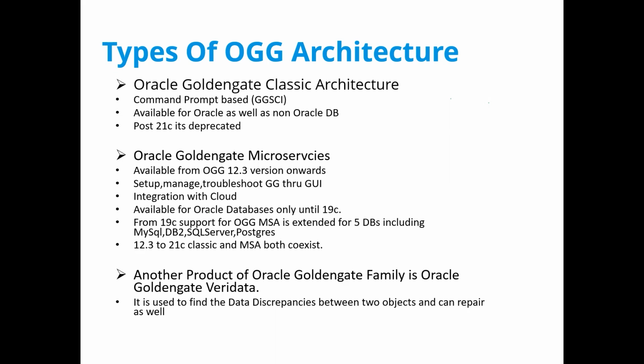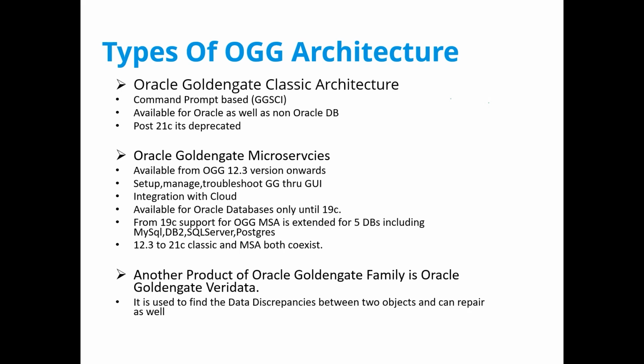Okay. Now, Classic Architecture is a command prompt based, GGSCI based architecture, which is available for both Oracle as well as non-Oracle databases. Oracle Golden Gate Classic Architecture allows you to set up, manage, troubleshoot, and configure Golden Gate through the command prompt GGSCI. GGSCI stands for Golden Gate Software Command Interface.